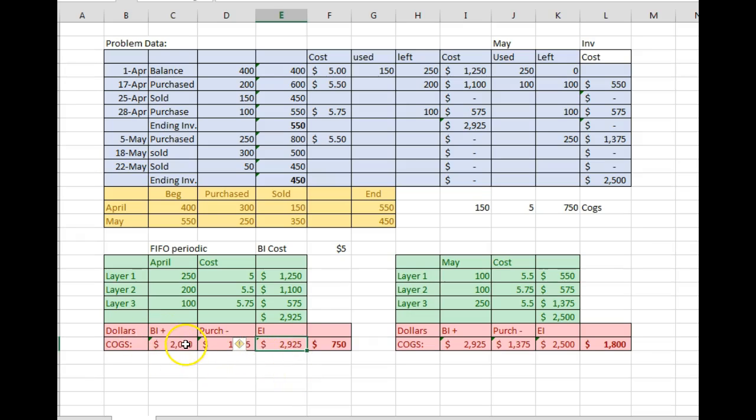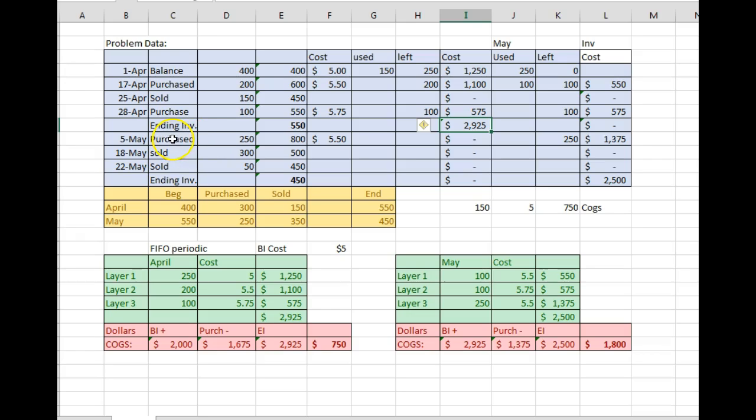Now if you take 2,000 plus 1,675 minus the ending inventory, you find your cost of goods sold is $750. And that matches what I calculated when we first started, at 150. This shows you step by step what is going on, and here's your inventory, because I've added it up.